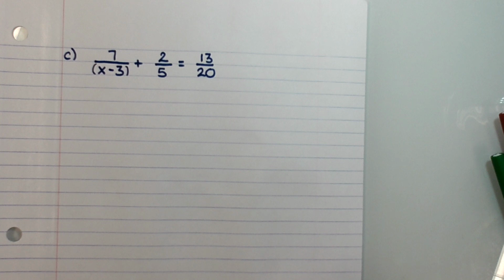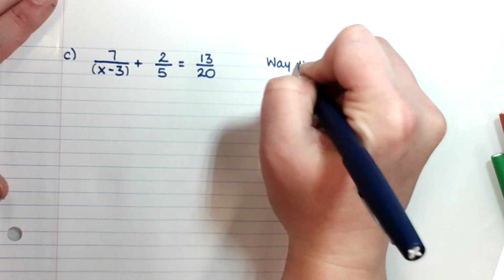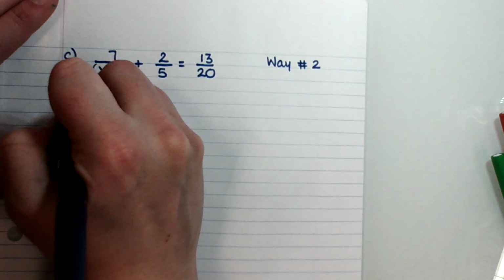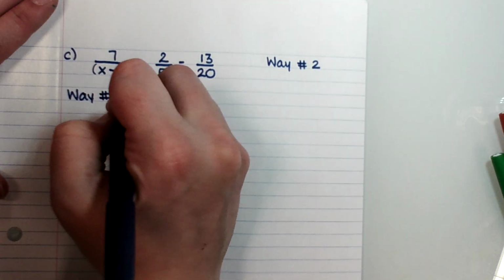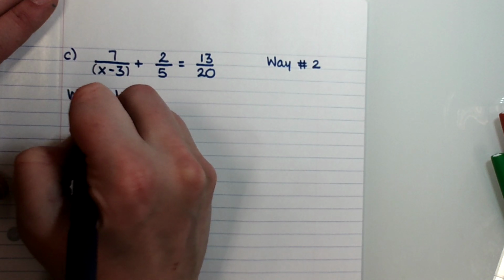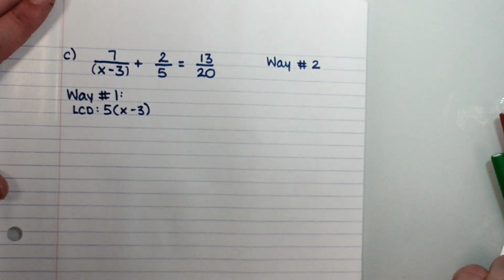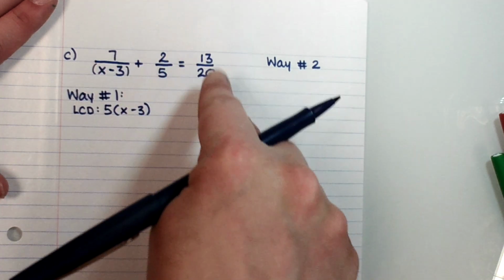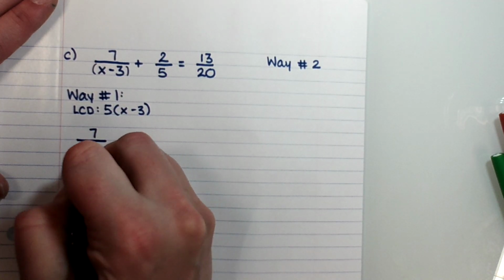I'm going to solve both ways on this one. After that, I'm not going to solve both ways every single time, but I want to show you both ways. Way number 1, I would find the LCD of 5 and x minus 3, and get my fractions to have said common denominator.